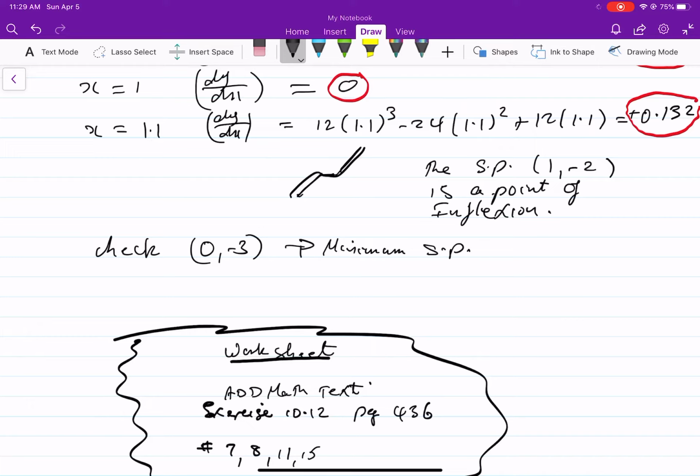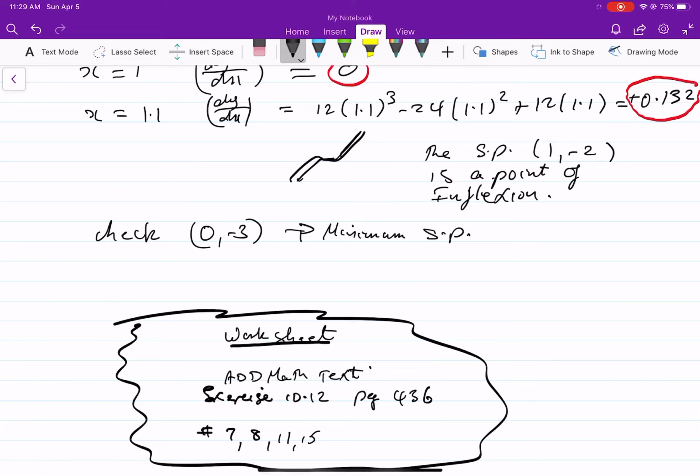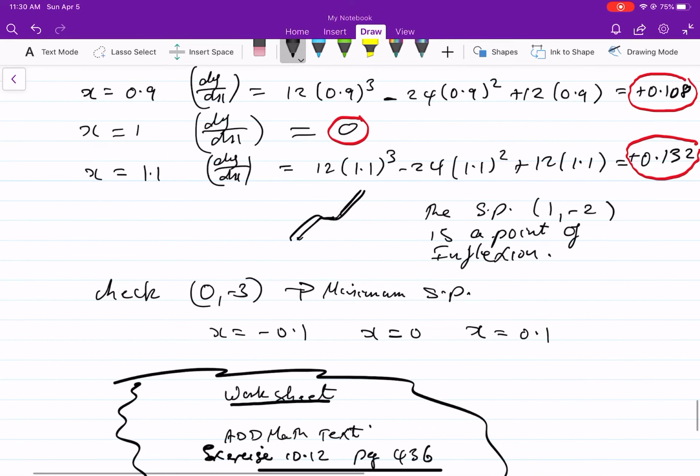Check using the sign test on the first derivative. So the x value, I'm just suggesting, you can use just before x equals 0 would be x equal minus 0.1. And of course, x is equal to 0 itself at the stationary point, and then x is equal to a positive 0.1. Plug those three values into the dy/dx function, into the gradient function, and confirm that this test will also tell you that this is a minimum stationary point.